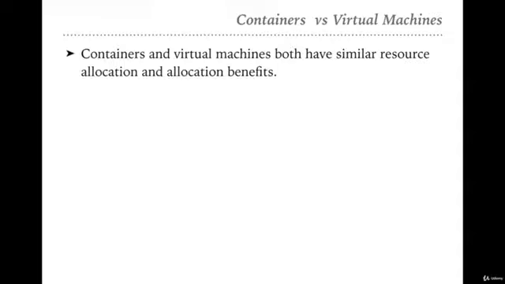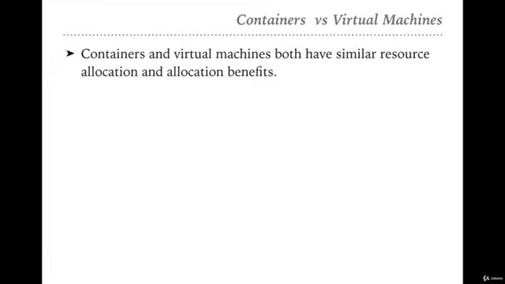And what about containers and virtual machines? When I'm running multiple virtual machines on a single host machine, I'm allocating a specific chunk of resources to a specific virtual machine. This is true for containers as well. When I'm running multiple containers on a single host machine, I'm allocating specific resources to that particular container, right?